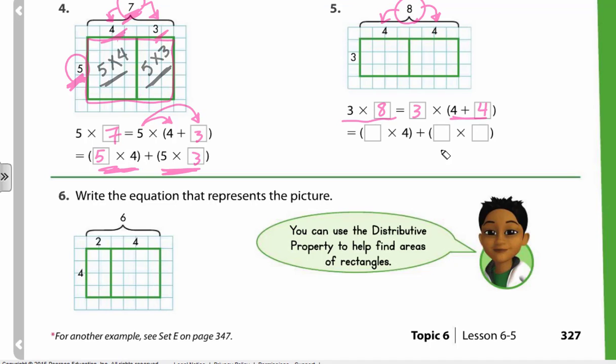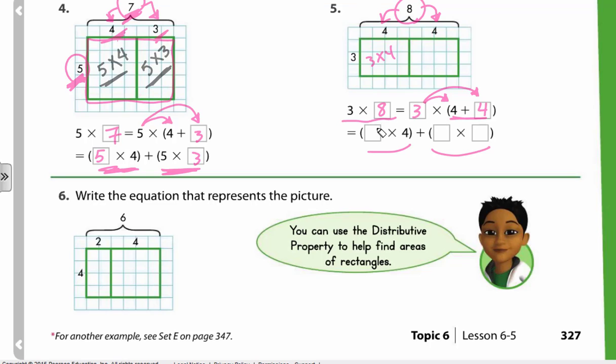Yasin, now we use the distributive property. So, what should I write here and what should I write here? In the first one, 4 times 4? Okay, look at the picture. Yes, 3 times 4 for the first.